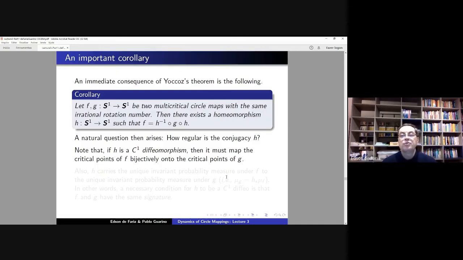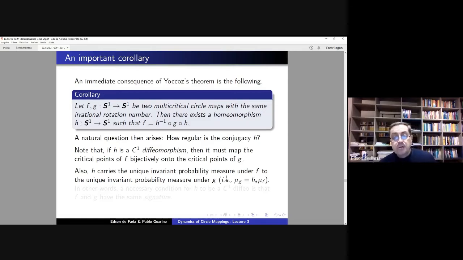It has to establish a one-to-one correspondence between these two sets of critical points. So that's a necessary condition for a conjugacy to be regular, to be C^1: you need this conjugacy to map critical points of one map to critical points of the other, okay?